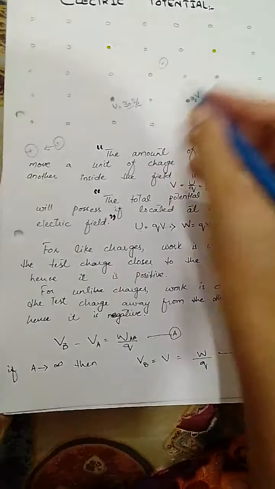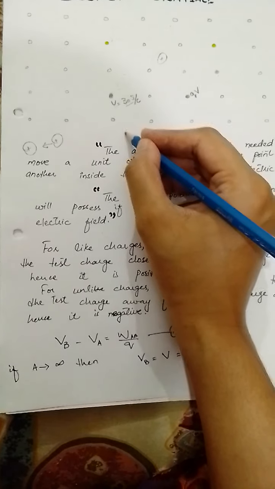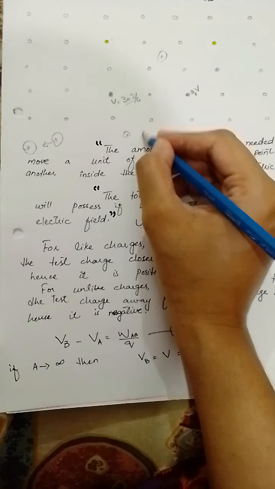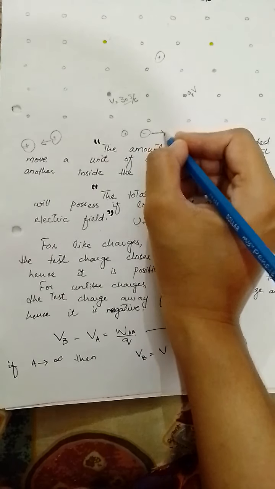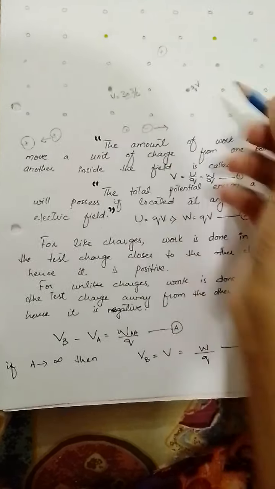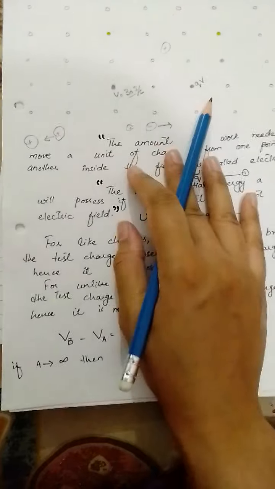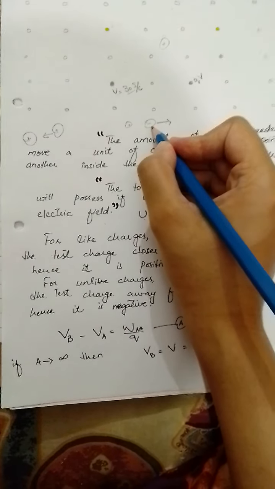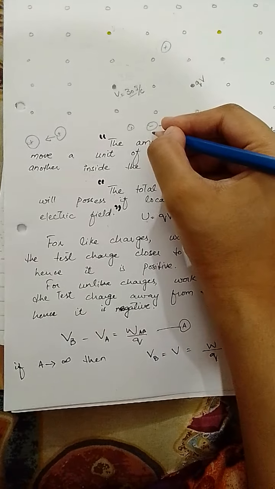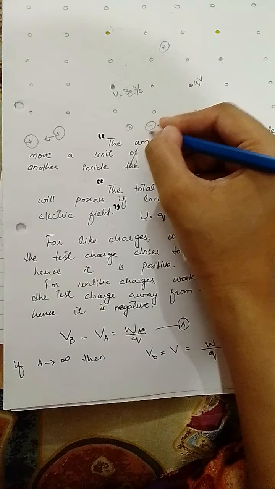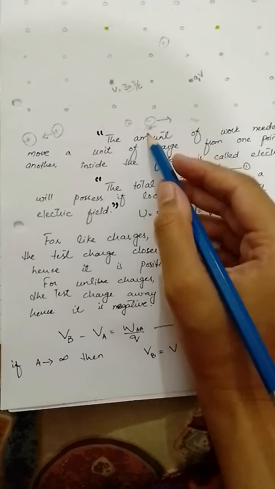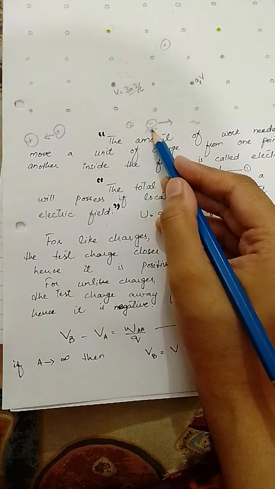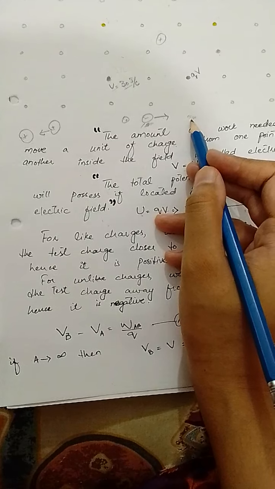But in the opposite case, let's take the example of a positive charge and a negative charge. Work is done in pushing this charge away from this, okay? Because in this case, the potential would be greater in this area and it would be less in this area. So potential always goes from the higher potential region to the lower potential region.